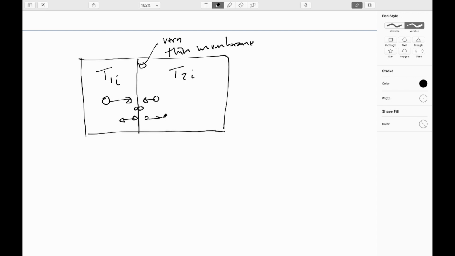I should say that the one with less energy gains and the one with more energy loses. That would be a more correct statement. And so as these collisions happen, the average kinetic energy of sample 1 will decrease, and the average kinetic energy of sample 2 will increase until they're equal.